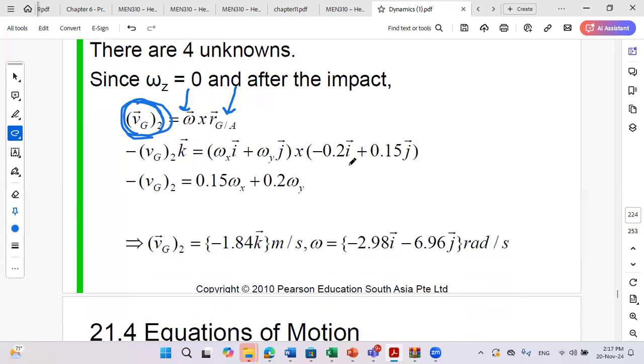Okay, so here in this problem, we just have to write the relation. So when you expand, you will get that Vg2 is function of omega x and omega y. Okay, so you will be able to replace your velocity vector, and here Vg2 is only along K because of what we have here.